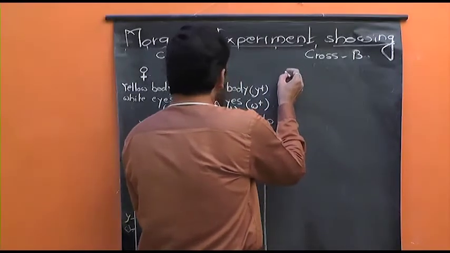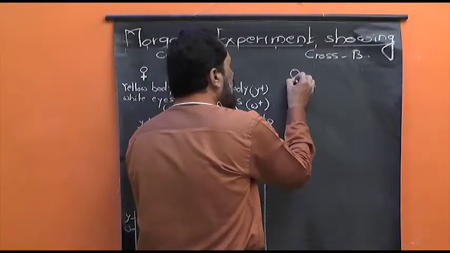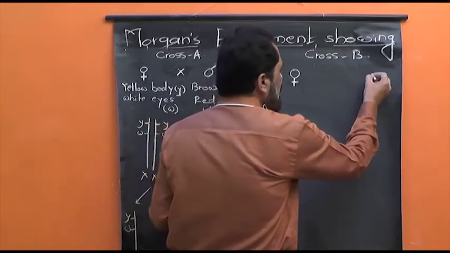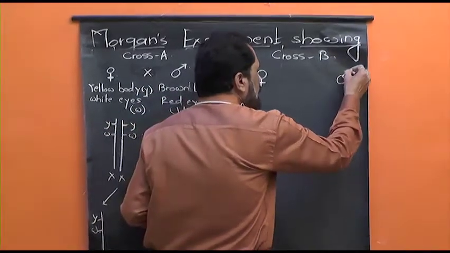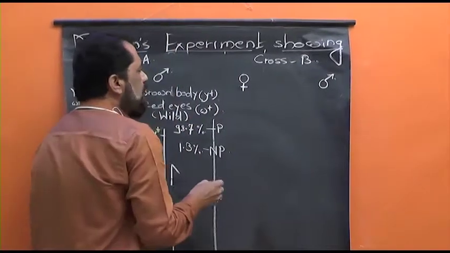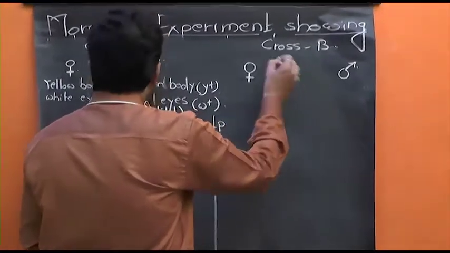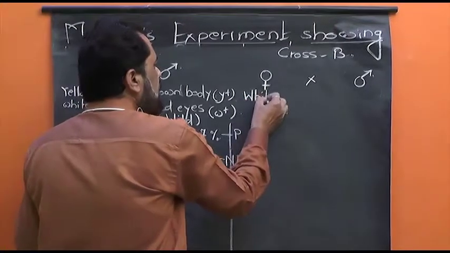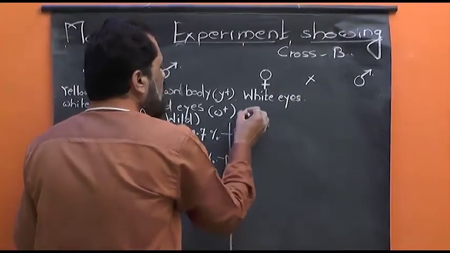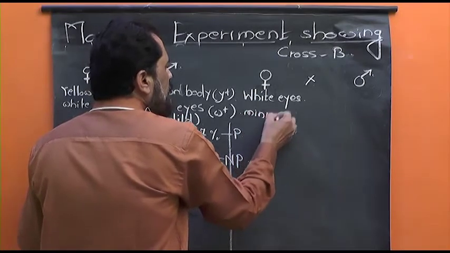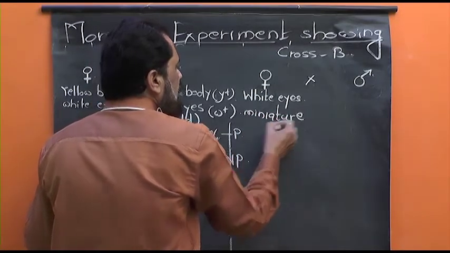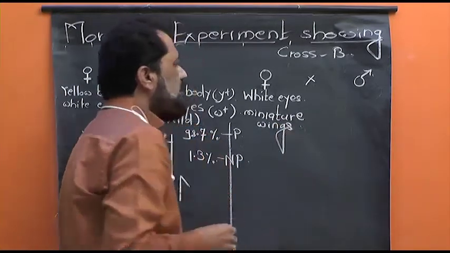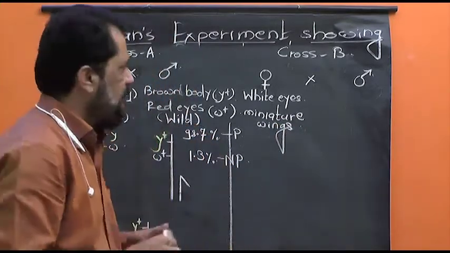In second cross, Morgan crossed the double homozygous recessive female with white eyes and miniature wings. You know, white eyes and miniature wings, these are recessive traits.